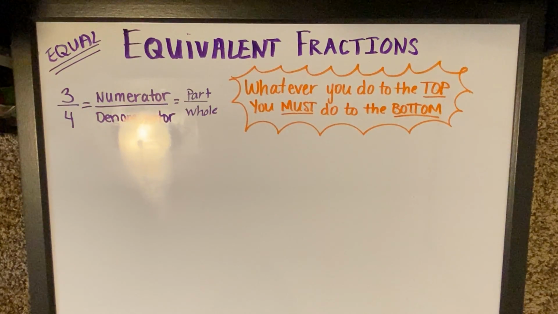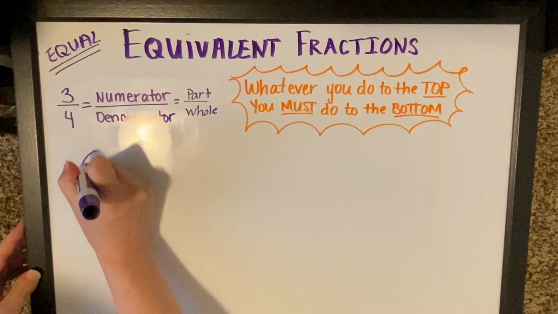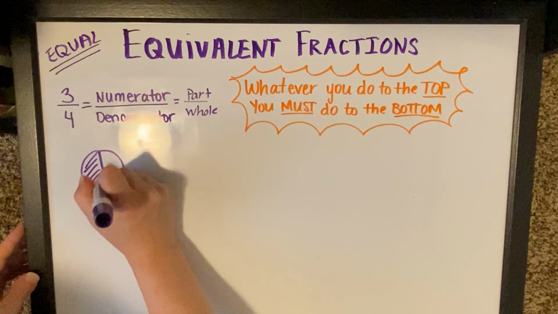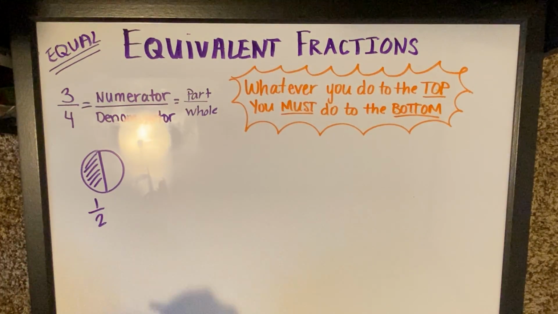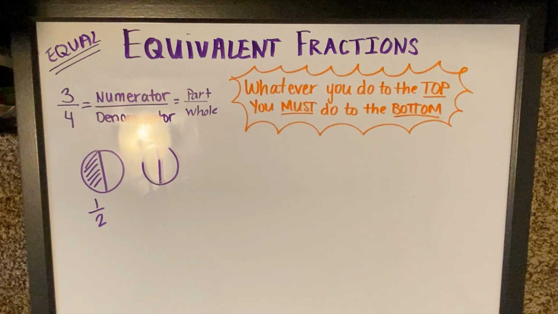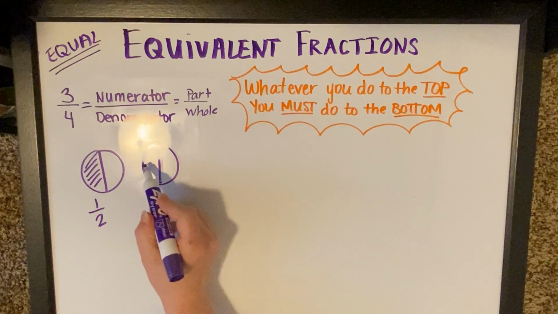So today we're going to be looking at fractions that have not the same amount of parts, but the same amount shaded. So for example, if I had a fraction that shows 1/2, and I'm trying to find something that is equal to 1/2, I know that I can take that 1/2 and break it up into more parts.